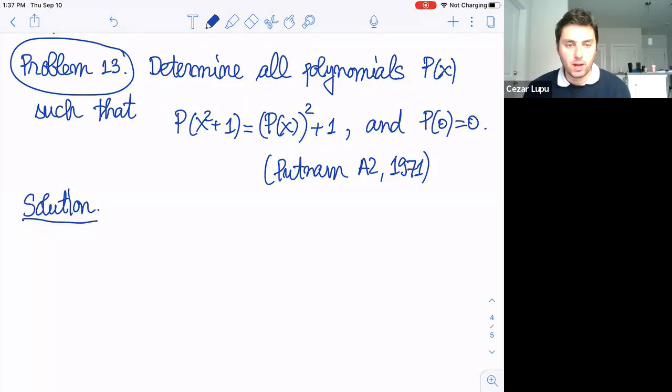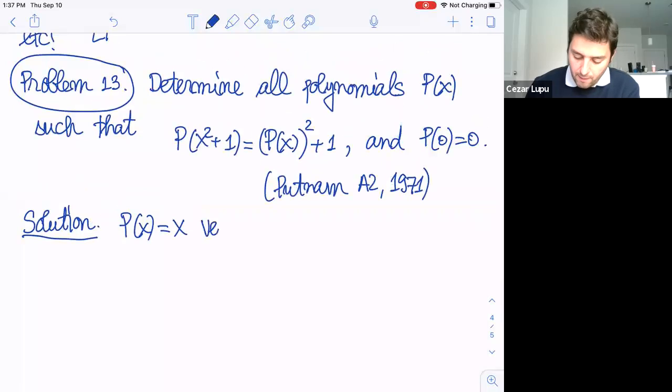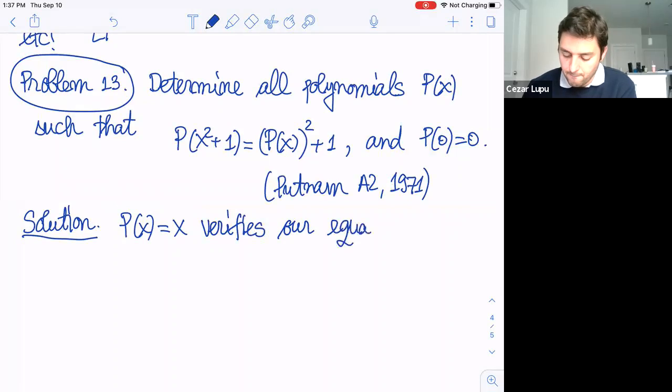For example, if you look at P of x equals x, right? So P of x equals x verifies our equation, our equality, let's say.